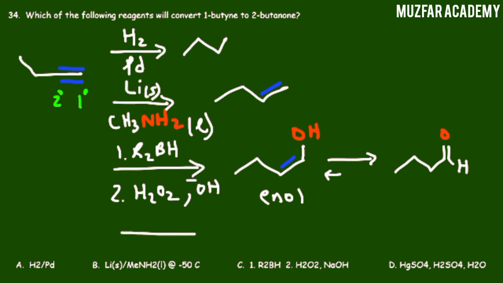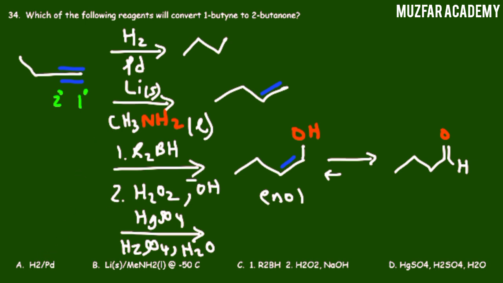Now for answer choice D, we have mercury sulfate with sulfuric acid and water. So think of this reaction as H3O+, where it's an acid-catalyzed hydration, but mercury acts as the catalyst for this reaction. So it's kind of similar to the oxymercuration-demercuration reaction, but somewhat different.